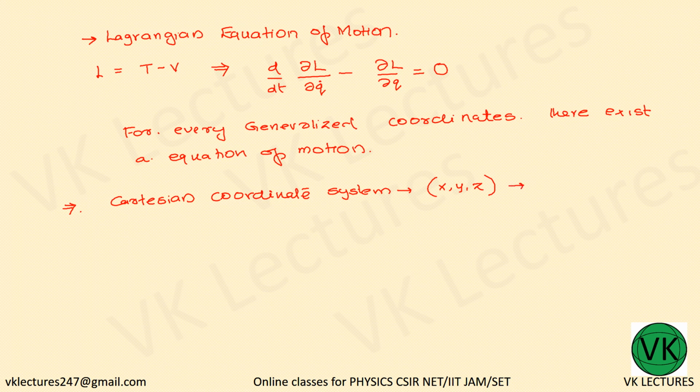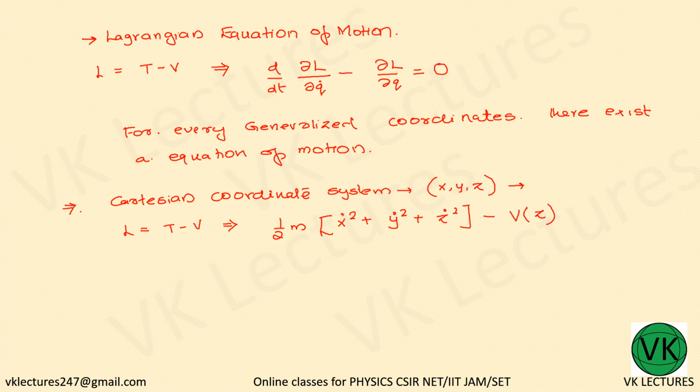Now Lagrangian is given by T minus V, so we are assuming that in all directions it has velocity, so half m x dot square plus y dot square plus z dot square. This becomes the kinetic energy of the particle in all three directions, minus V of z. We are assuming that the potential is only along the z direction.